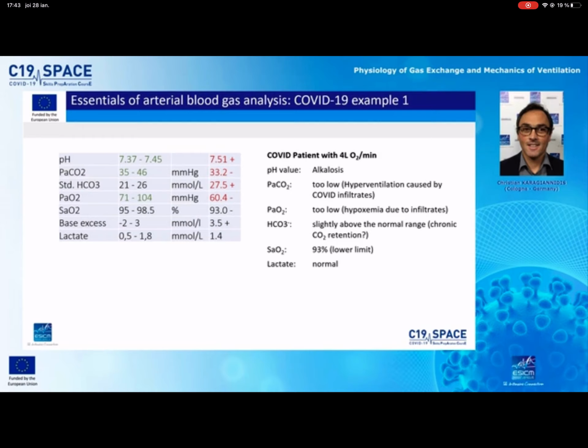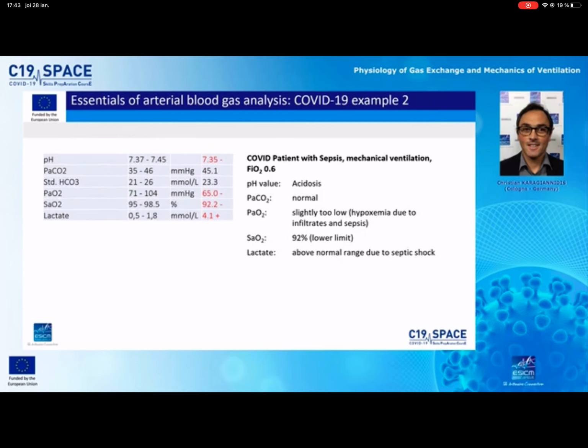So this is something you see very often in this COVID patient if they present to the emergency department, that you have a certain hyperventilation, which leads to the alkalosis and low CO2 level. On the other hand, the PaO2, even with 4 liters oxygen per minute, with 60, is a little bit too low, although the saturation is still 93%.